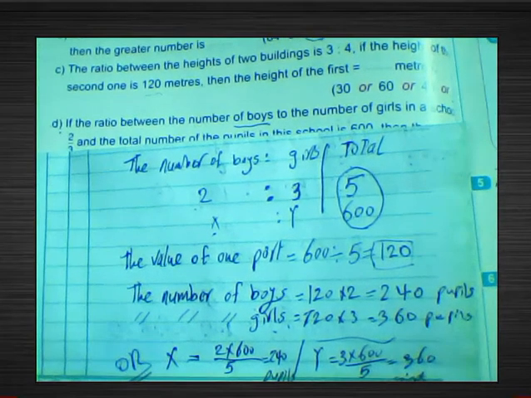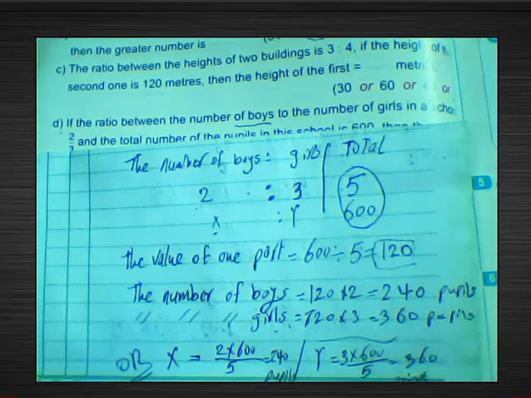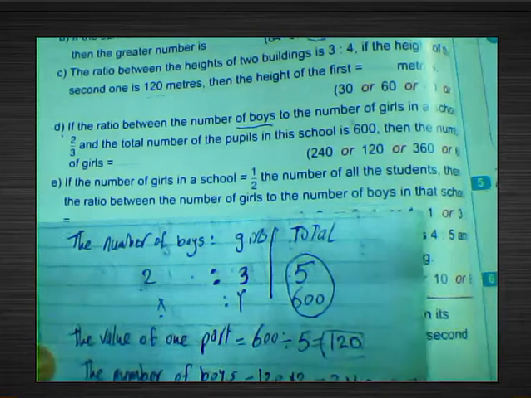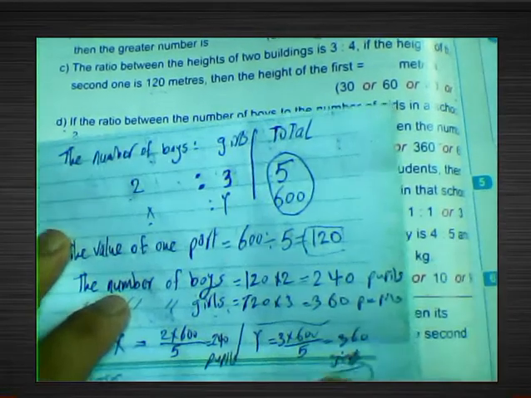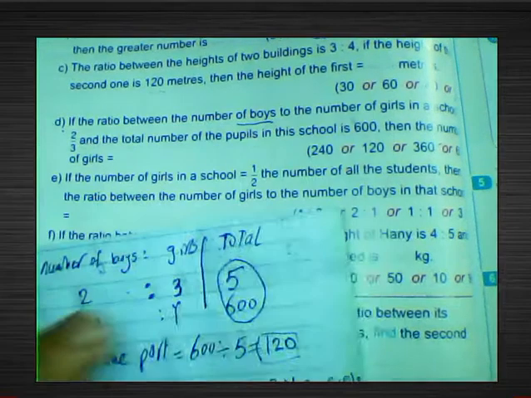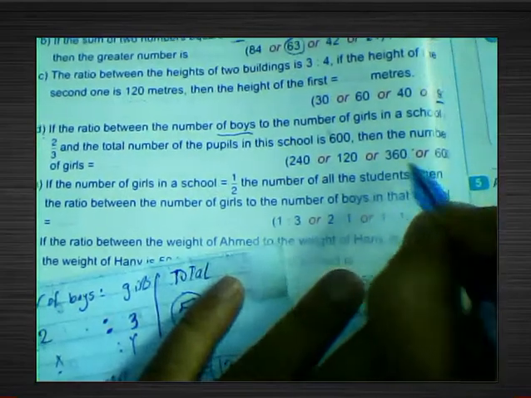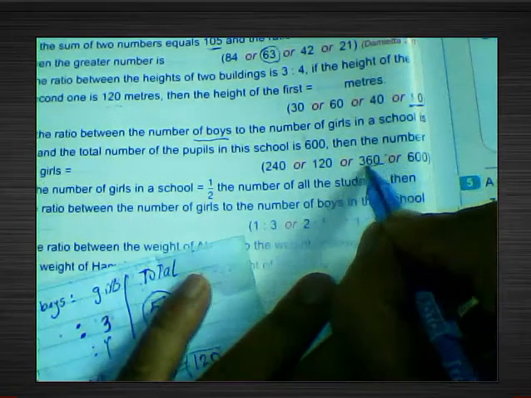In this example the number of girls will be 360, so we will circle 360.